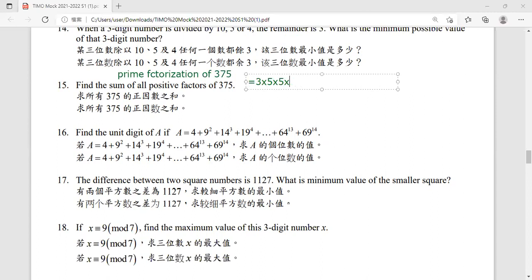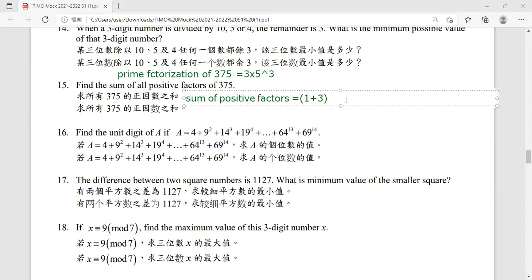okay, which means that the sum of factors will be equal to what? 1 plus 3, times 1 plus 5 plus 5 squared plus 5 cubed.